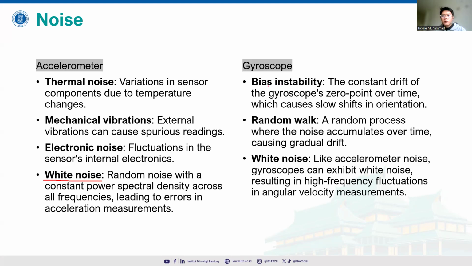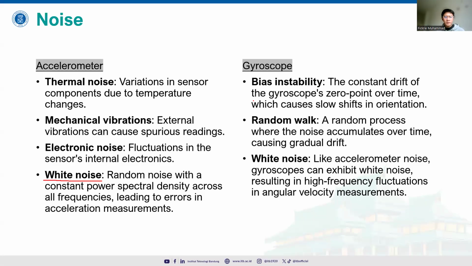In the gyroscope, we're going to talk about the bias stability, or the constant drift of the gyroscope's zero point over time. So that's the initial error of our gyro: when we just turn on our IMU, we'll have the bias stability, and then we'll have the random walk, like the random process where noise accumulates over time.